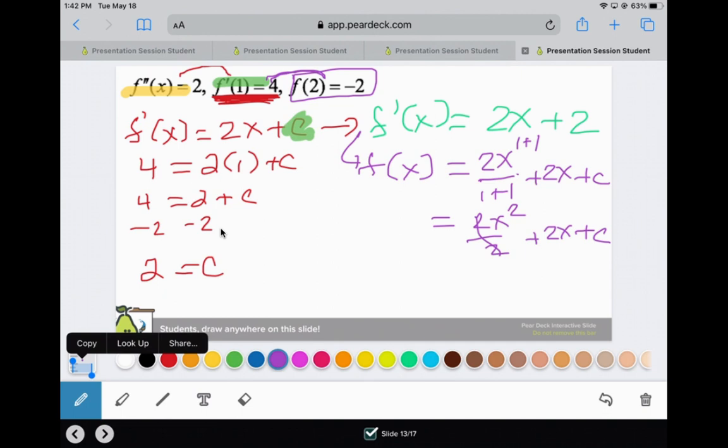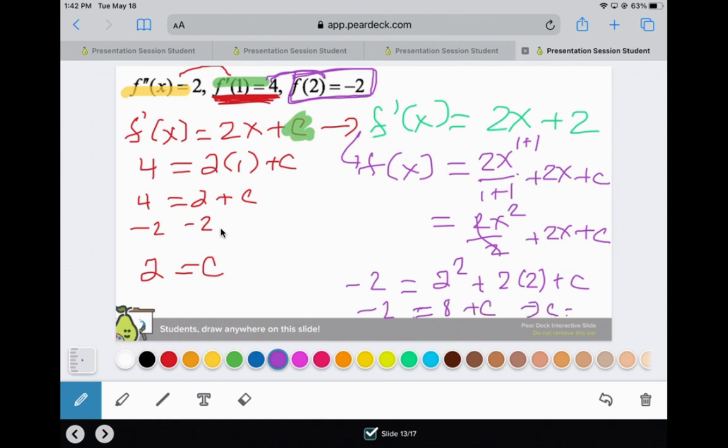Now see this purple, I'm going to use these values to replace: negative 2 equals 2 squared plus 2 times 2 plus c. This is 4 plus 4, so that's 8 plus c. That means the c value is negative 10.